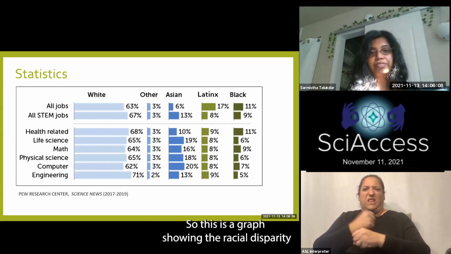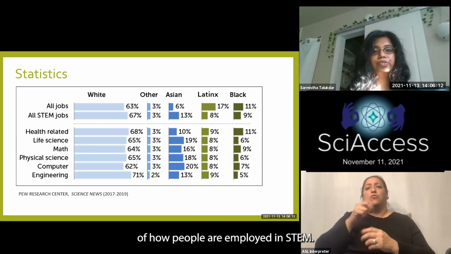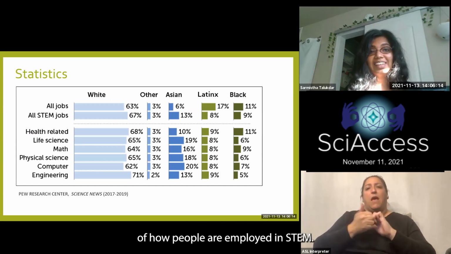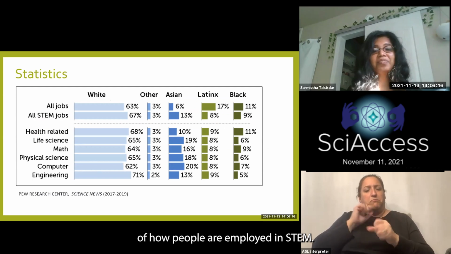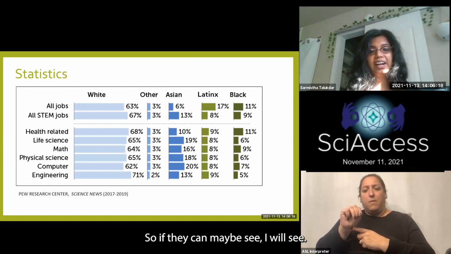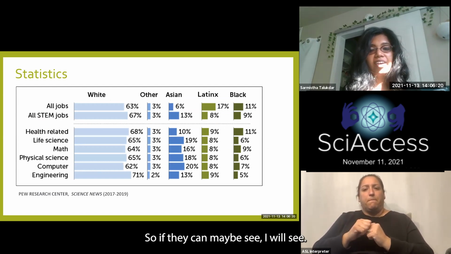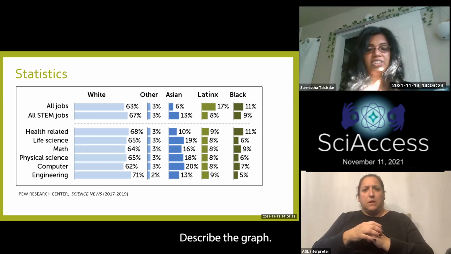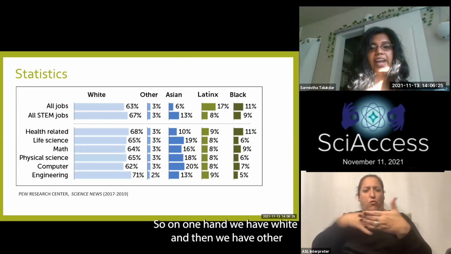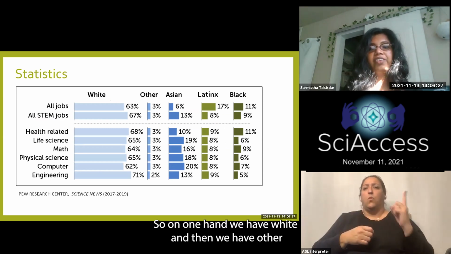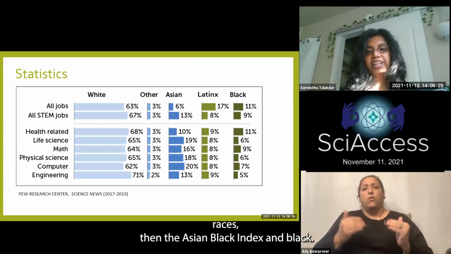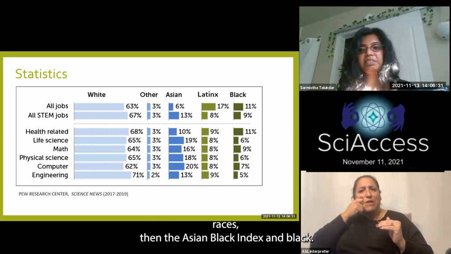So this is a graph showing the racial disparity of how people are employed in STEM. I will still describe the graph. On one hand, we have white, and then we have other races, then there are Asian, Latinx, and Black.